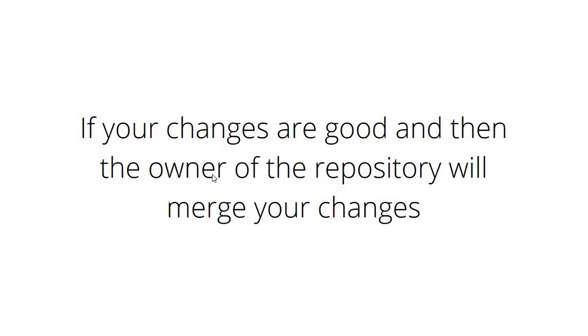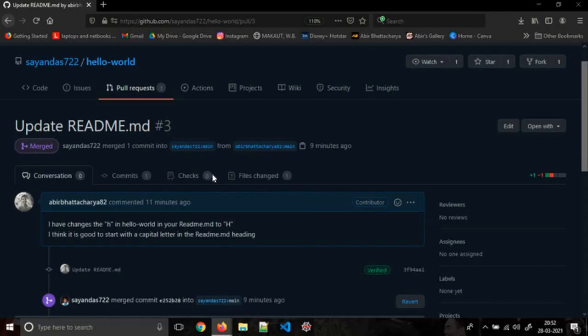Once it's done, you will find a purple colored merge label shown on the pull request you have created, and that's how you know that your changes have been merged to the main branch.